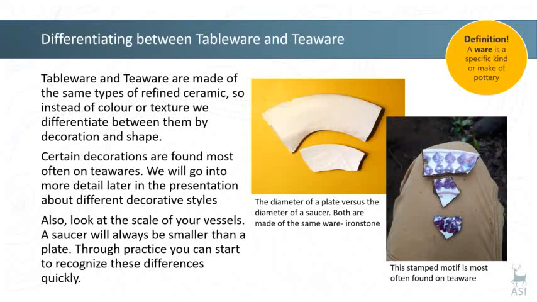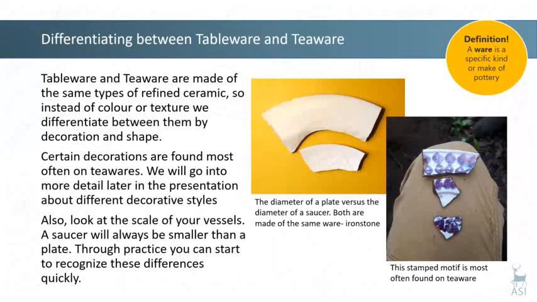For example, on the right side there, that decoration is made with a cut sponge stamp, which is almost always found on teawares. And we can tell by the shape that it's a saucer. So there are a lot of details you can look to that will help you further divide your refined ceramics.